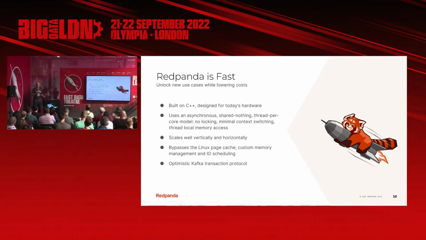It doesn't use the page cache, and the page cache was one of Kafka's great innovations. They said we're not going to put everything in the Java heap because then we've got to do garbage collection, and that's always tricky. So they used the page cache to get good optimization when reading from disk. Well, with Redpanda, because it's in C++, we've said actually the page cache doesn't really know much about streaming.